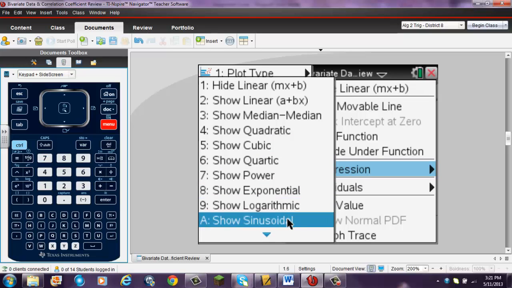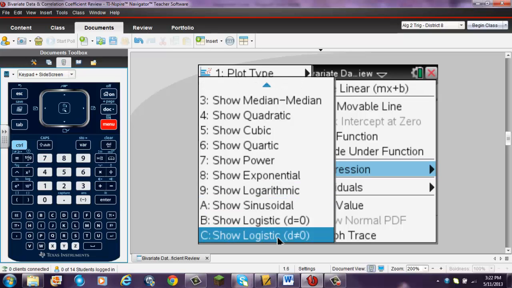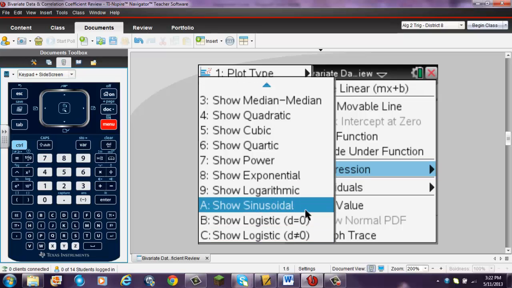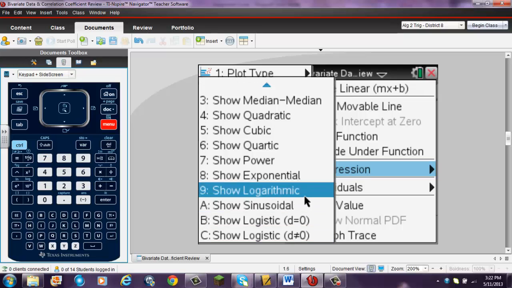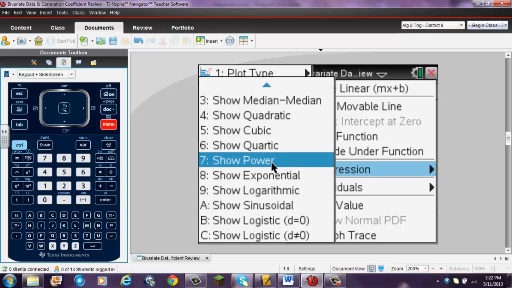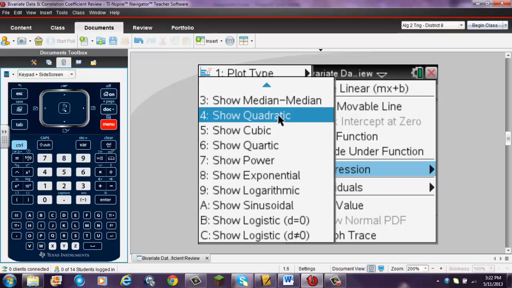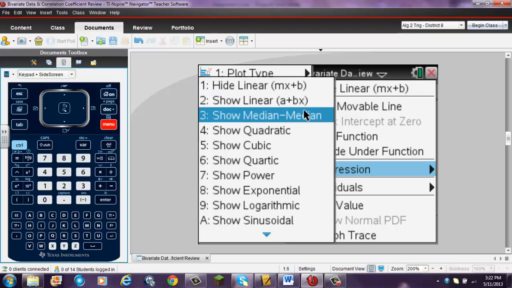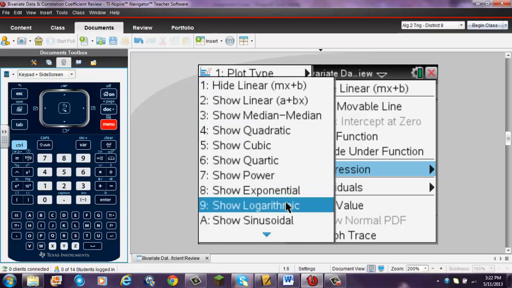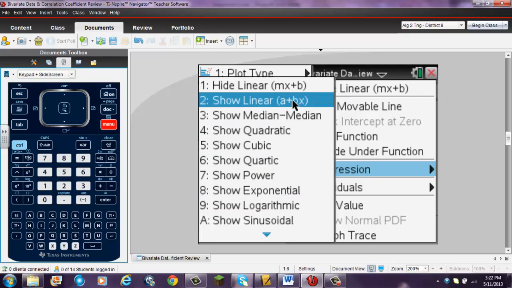We can do sinusoidal, sine curve. Logistic is not something we do in Algebra 2 Trig. So your choices will be sinusoidal, logarithmic, exponential, power, sometimes cubic, and certainly we could do quadratic and linear. So that's the only difference. Everything else is the same. Make a scatter plot and find your equation according to the directions in the problem.